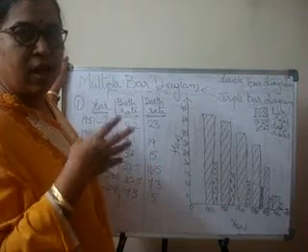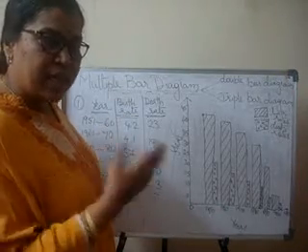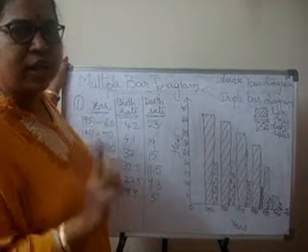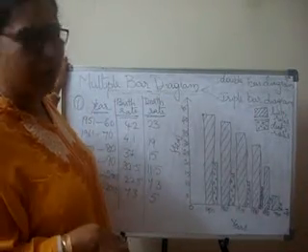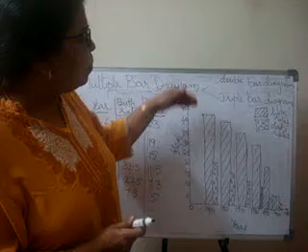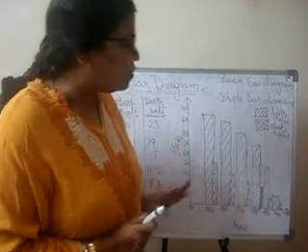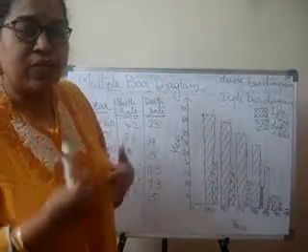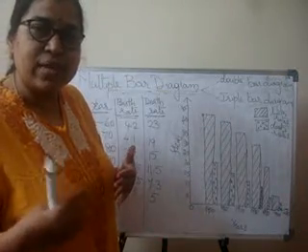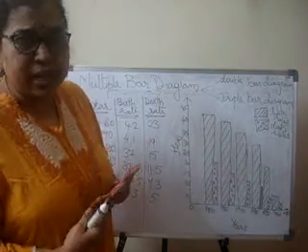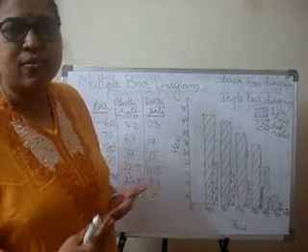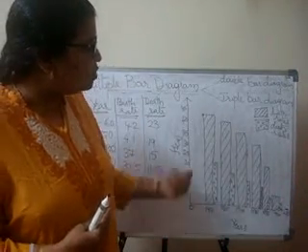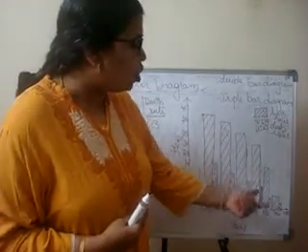Earlier it was father, mother, 5, 6, 7 children. Now it has come to father, mother, 2 children or 1 child. So the population has drastically decreased. Now if the population decreases and other facilities increase, like medical facilities and cleanliness, that has impacted the death rate also.